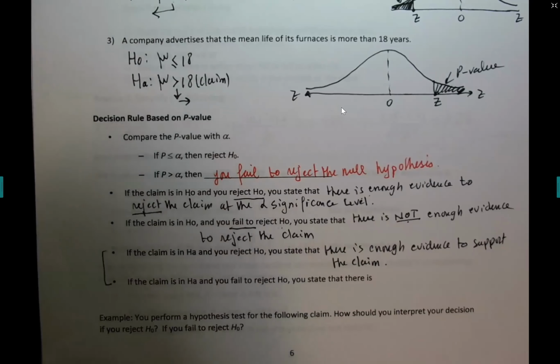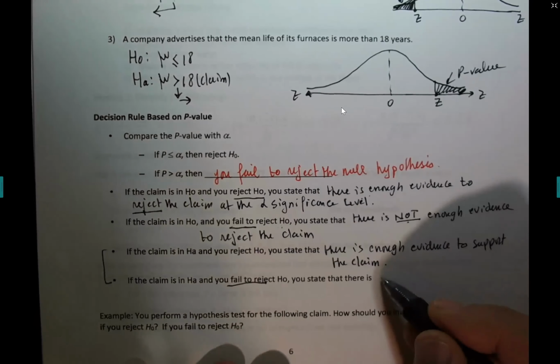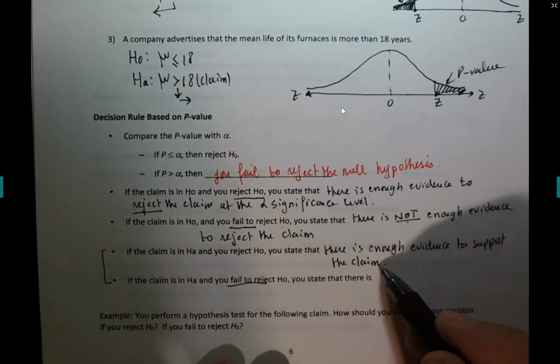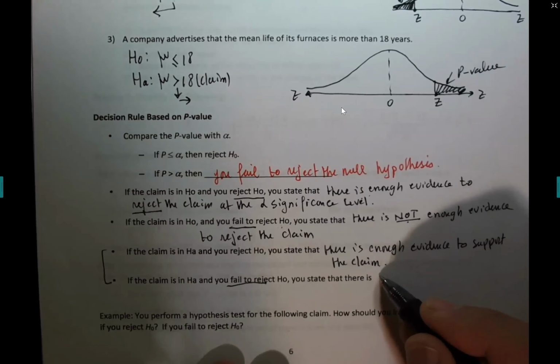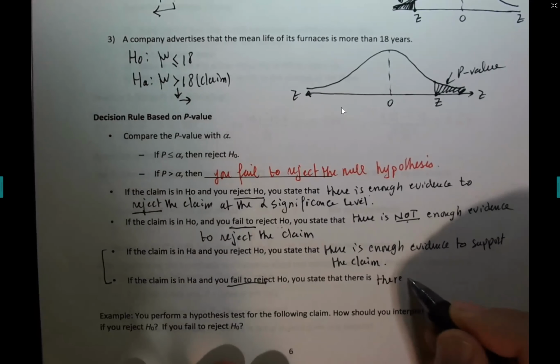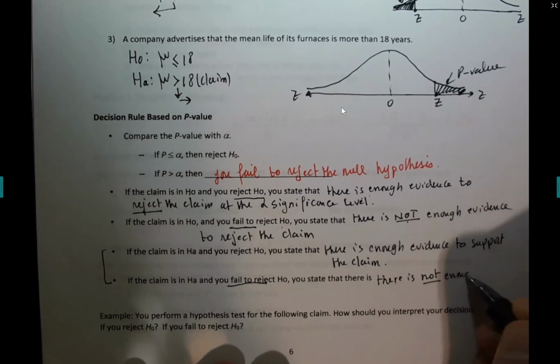And can someone tell me what the last one is going to be? If the claim is in HA and you fail to reject H0, what do you say? It will be exactly the same as this statement, but one word must be added. There is not enough evidence to support the claim.